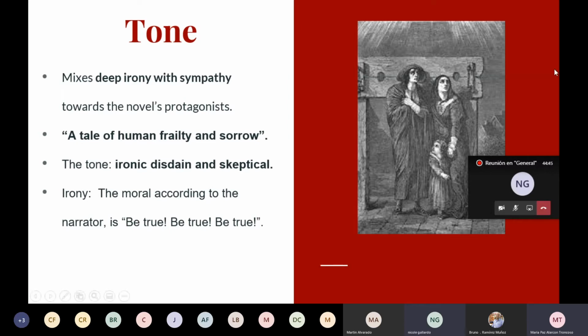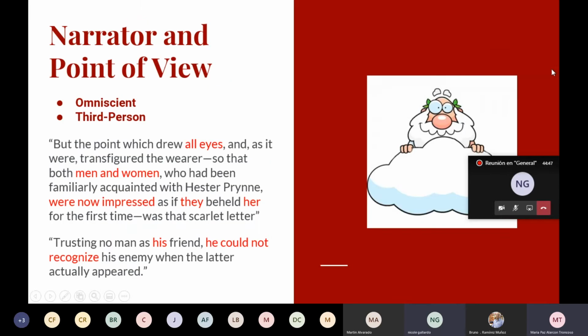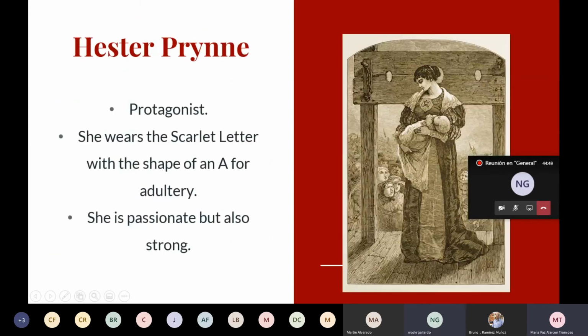Well, now I'm going to move to the characters. I'm going to start with the protagonist, who is Hester Prynne. She is the book's protagonist, as I said, and she wears the scarlet letter as a symbol of adultery.